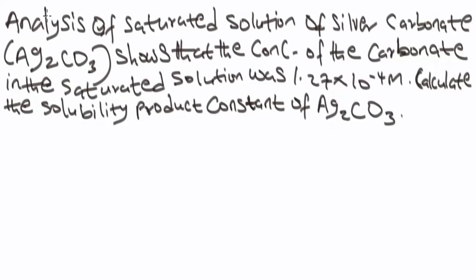Note that the solubility product constant of a reaction is equal to the product of the molar concentration or solubility of the ions involved in the equilibrium, each raised to the power of the stoichiometric coefficient in the balanced chemical equation. So for this question, this is going to be the decomposition reaction.